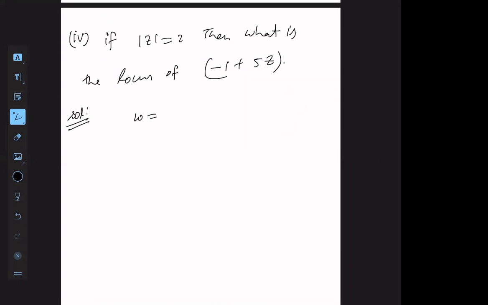So assume, let's say w is minus 1 plus 5z. So you can write w plus 1 is equal to 5z. Now just take modulus here. You will get this. So 5 into 2, that is 10. So where does this w lie? What is the locus of w?